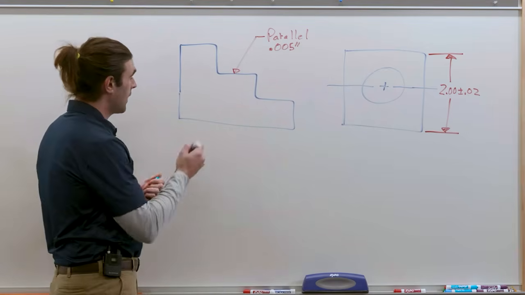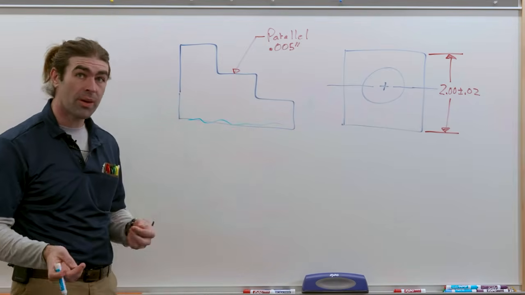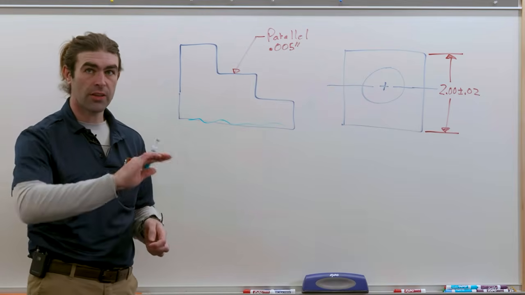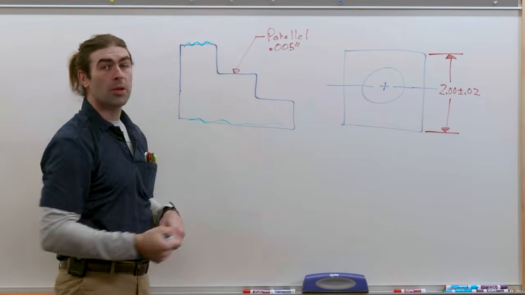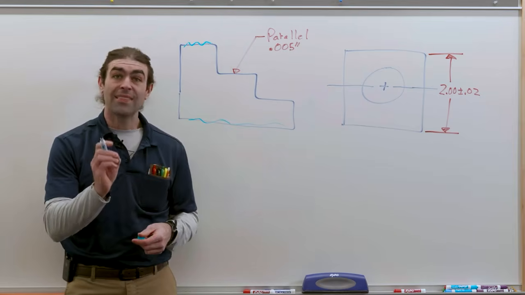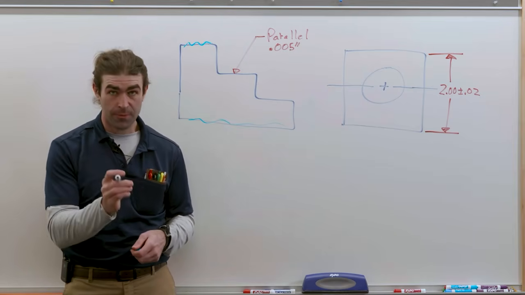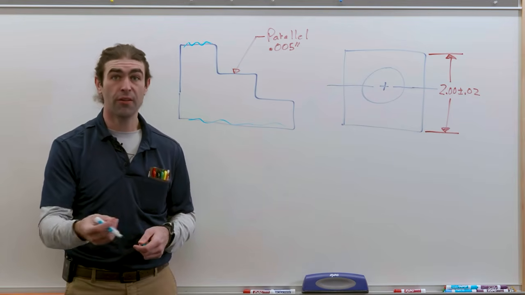Now, you might say, duh, it's this large surface down here, and you'd probably be correct. But somebody else could say, hey, I know how this part functions. It actually fits upside down. That surface is supposed to be parallel to that surface, right? So what datums do is specify exactly which surface something is supposed to be oriented to or located from.